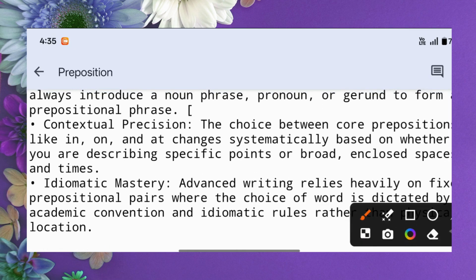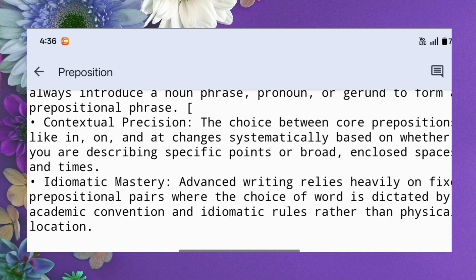Next, contextual precision. The choice between core prepositions like in, on, and at changes systematically based on whether you are describing specific points or broad, enclosed spaces and items.